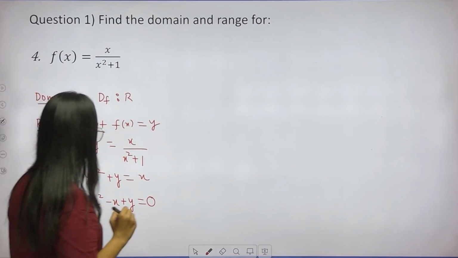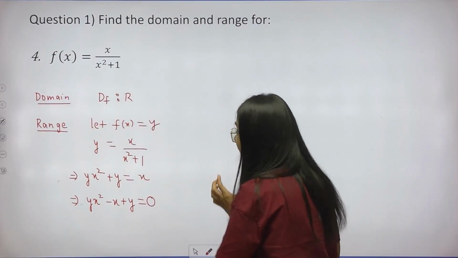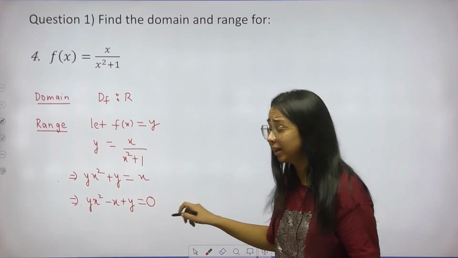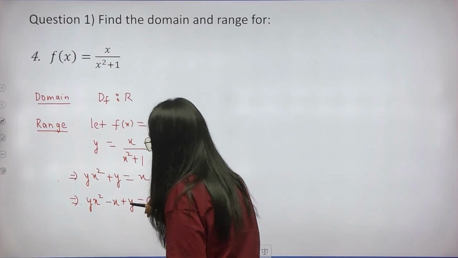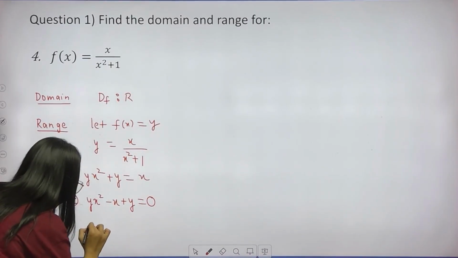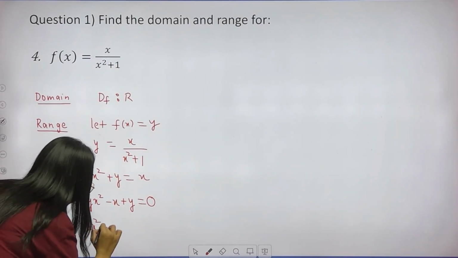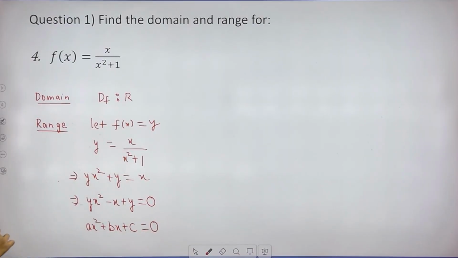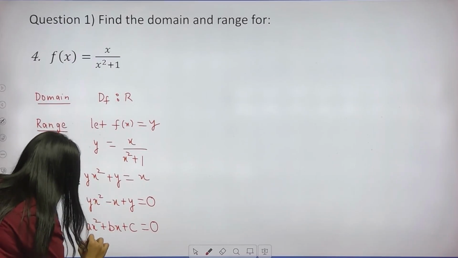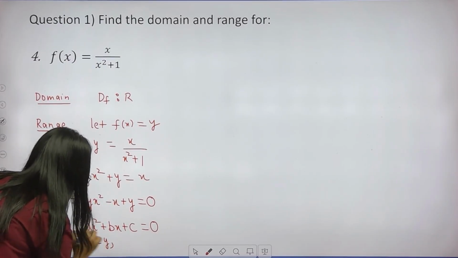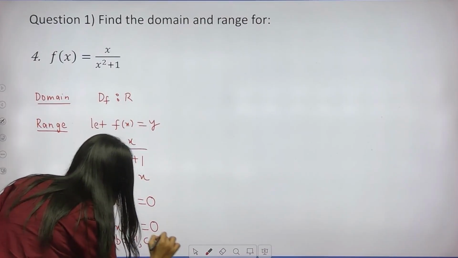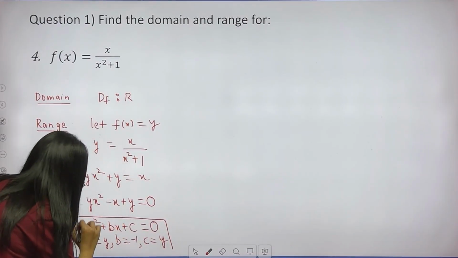Now we'll find the value of x. This becomes a quadratic equation. For this quadratic equation, you need to compare it with ax square plus bx plus c is equal to 0. Comparing both, the value of a is y, the value of b is minus 1, and the value of c is y again.